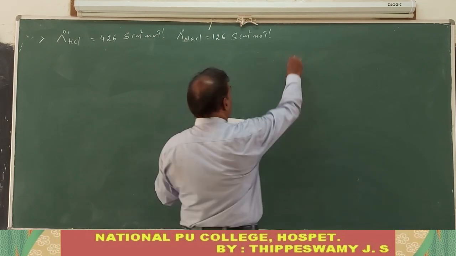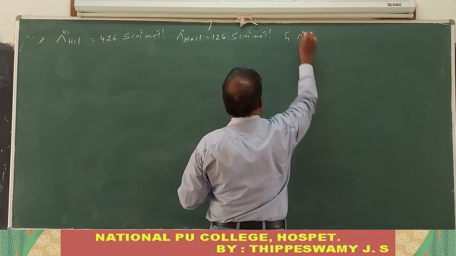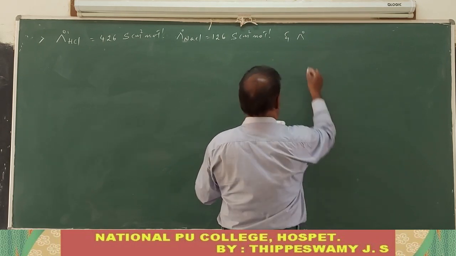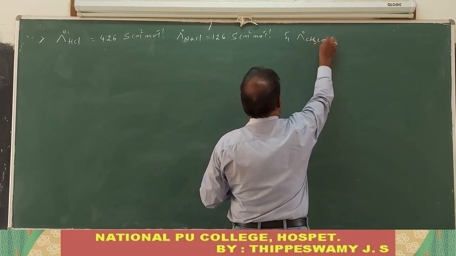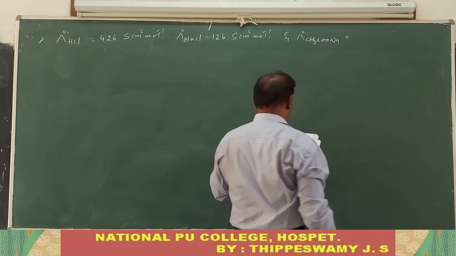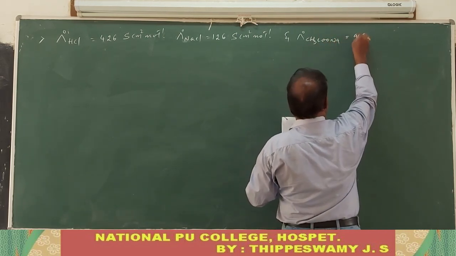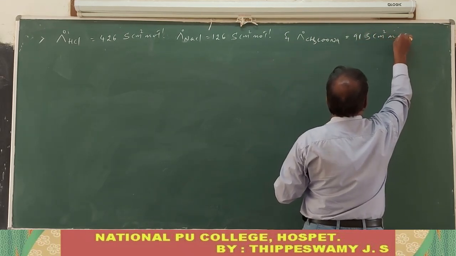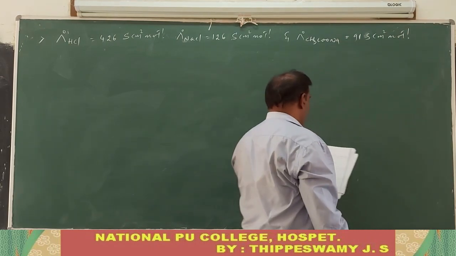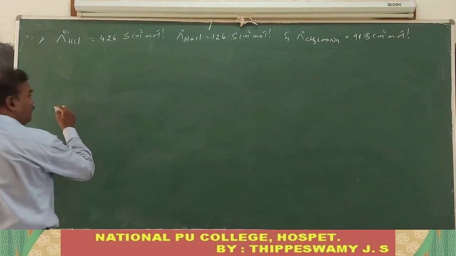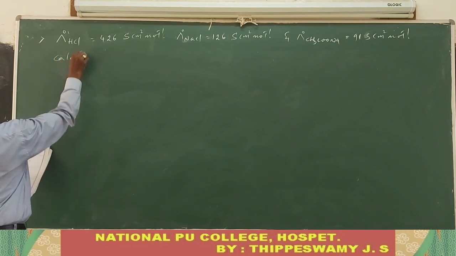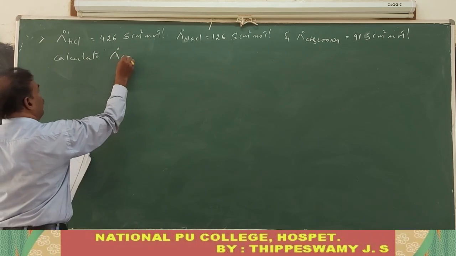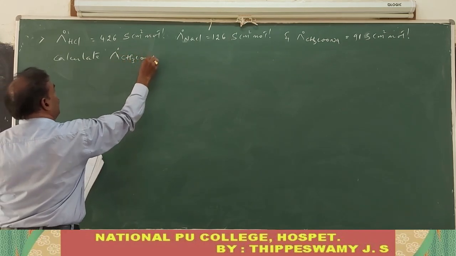And one more, the limiting molar conductivity of sodium acetate, CH3COONa, will be equal to 91 Siemens centimeter square per mole. Okay. Calculate the limiting molar conductivity of acetic acid.